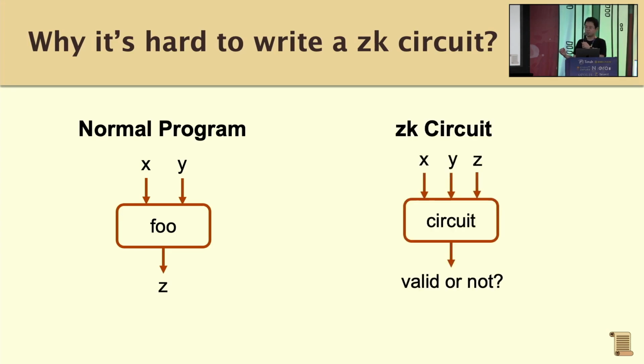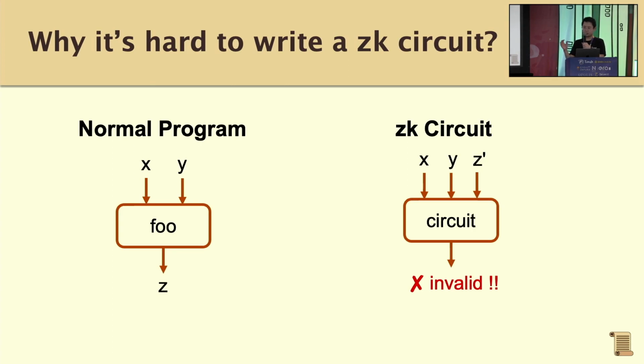But in a zk circuit, the logic is different. Both the inputs and the outputs of your original function become the inputs to your zk circuit. What the circuit outputs is whether this input is a valid trace or not, given the definition of your original function. If you give a valid input x, y, and foo(x, y), the circuit should output that it's a valid trace, and it should pass.